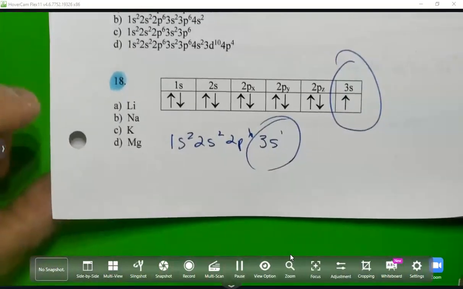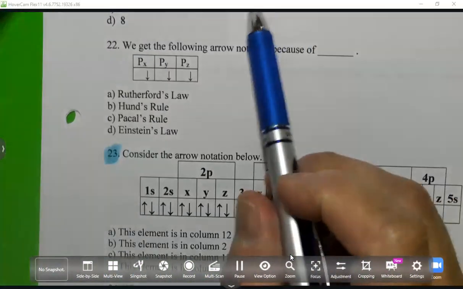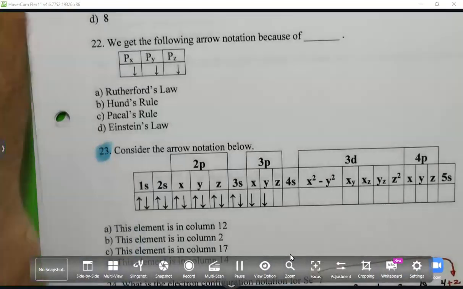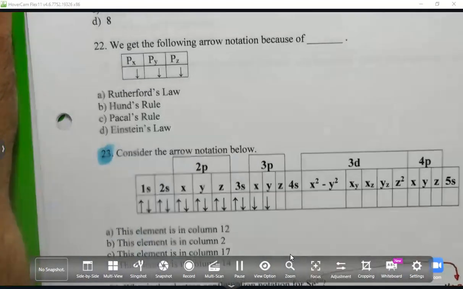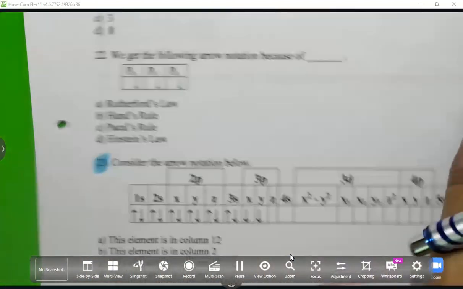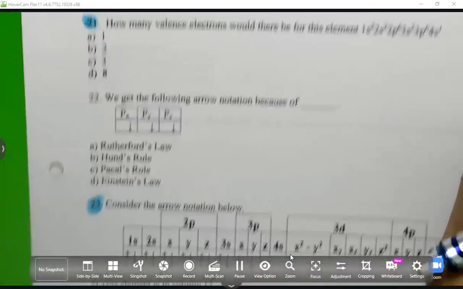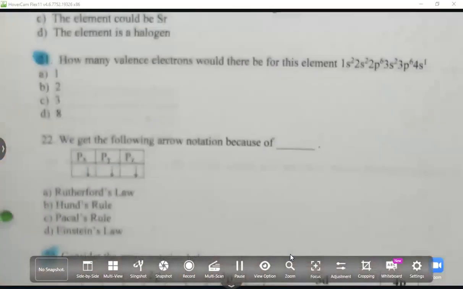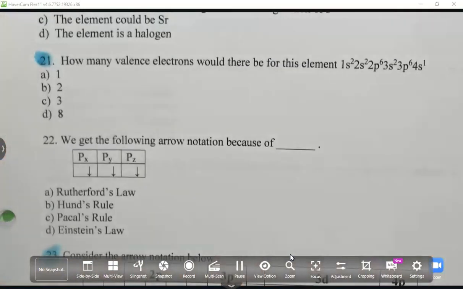All right, then we got 20, 18, 21. How many valence electrons would be for this element? Now, for valence electrons, all we care about is the farthest out, highest level s and or p's.